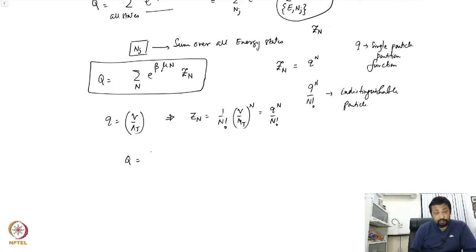And therefore your grand canonical partition function becomes the sum over n of e to the power beta mu n times q to the power n over n factorial.